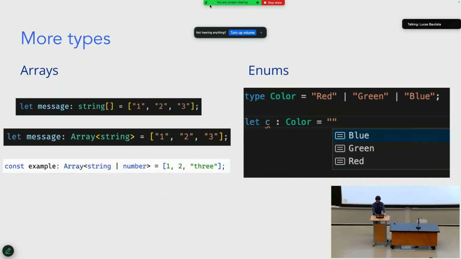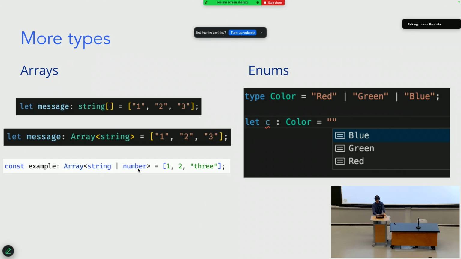one. Whenever we have arrays of objects, we can either define it using the object that is in our array, and then 2 brackets, or we can have array and then brackets string. And if we want to have multiple types in our array, we can use this thing called the union of types.